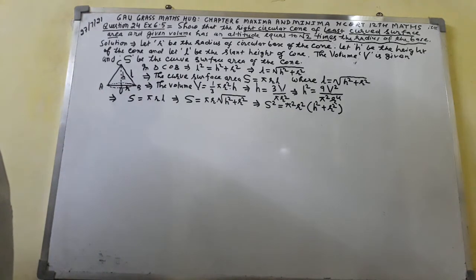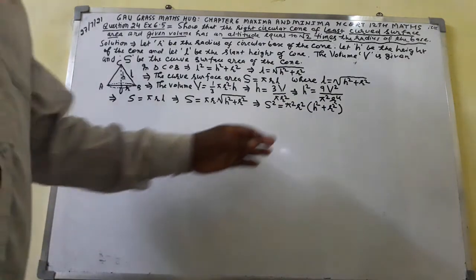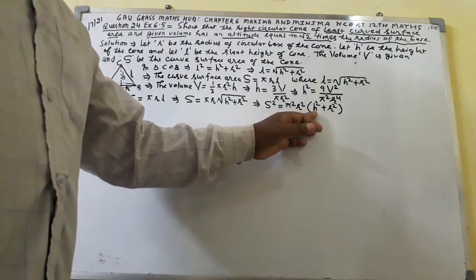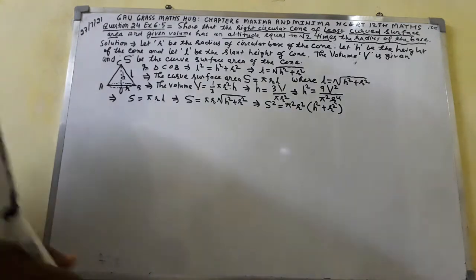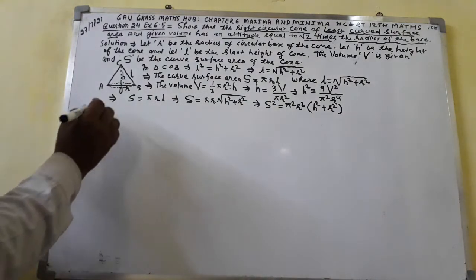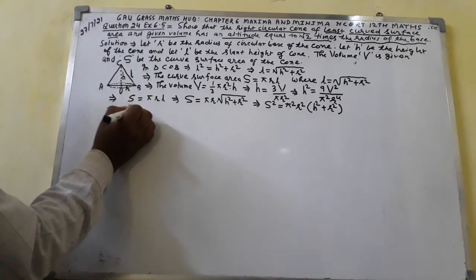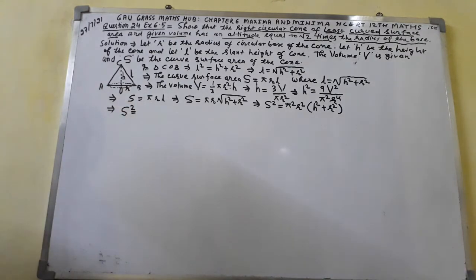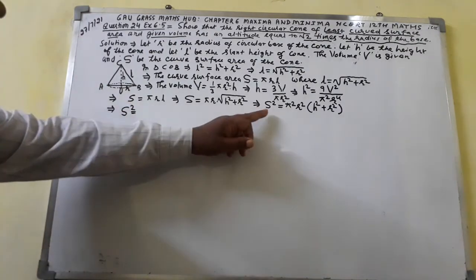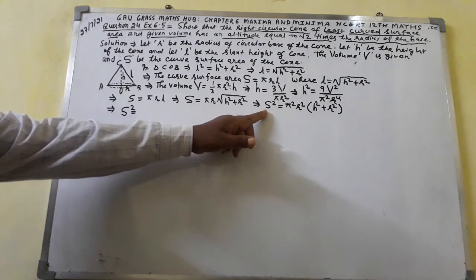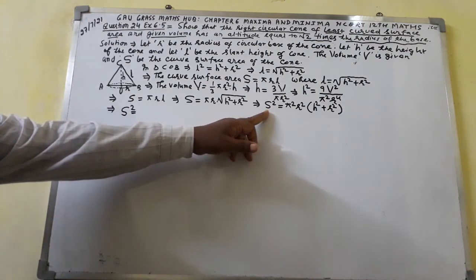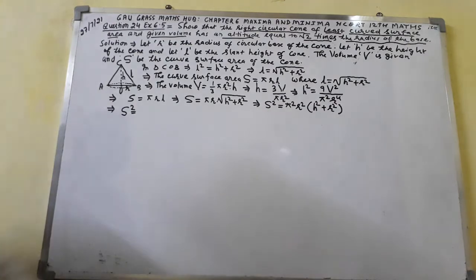Now what to do? Here I shall put the value of h square. Capital S is the curved surface area of the cone.